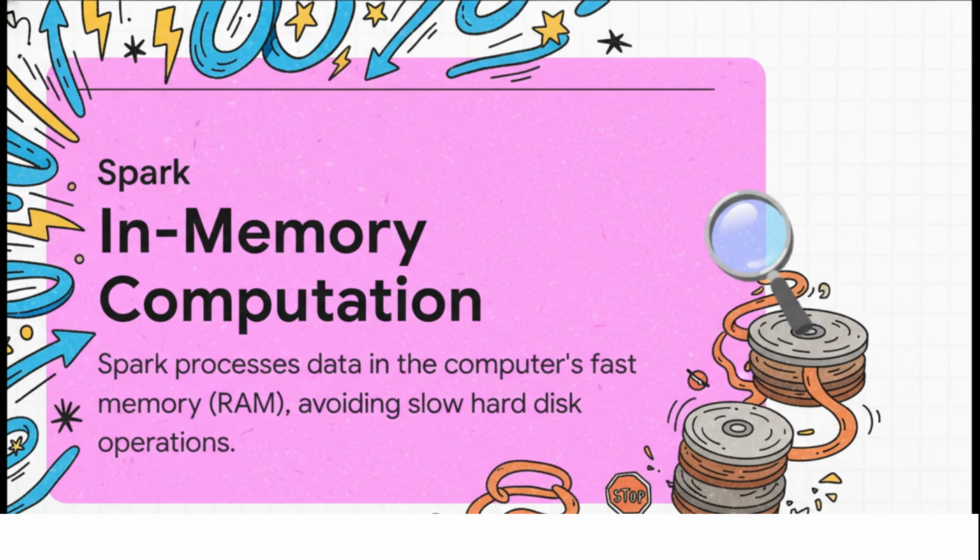Well, its predecessor, a tool called Hadoop, was constantly reading and writing data to slow, old-school hard drives. That's like having to run to the library to look up a new fact every single time. Spark, on the other hand, keeps all the important data right in RAM, the computer's super-fast short-term memory. It's like having all the books you need open on your desk right in front of you. This one change can make it up to 100 times faster.